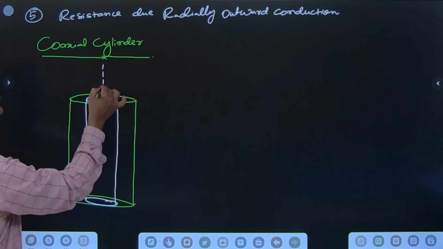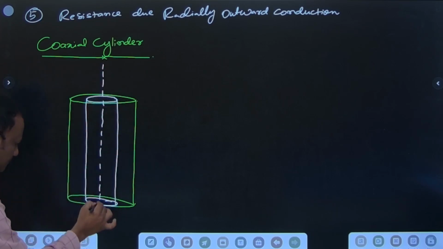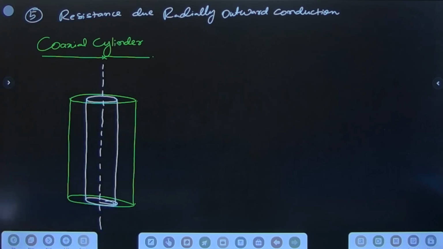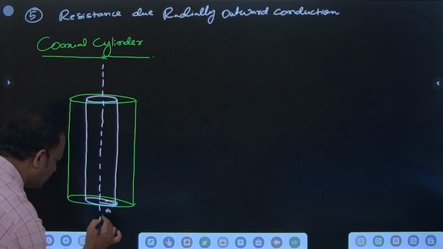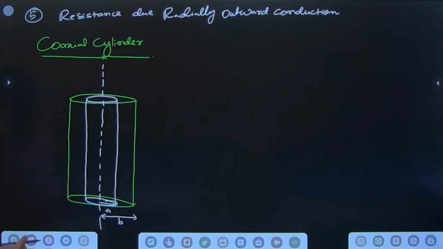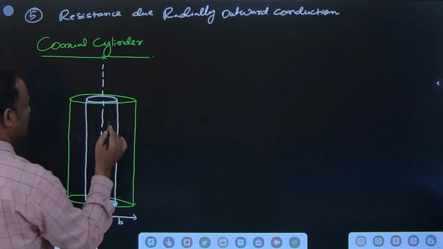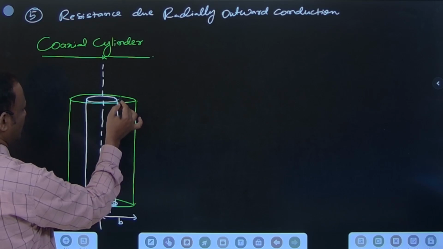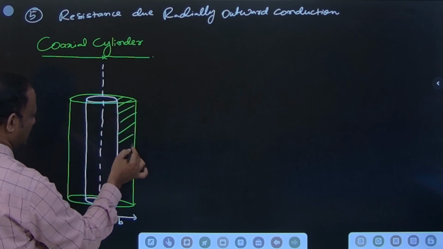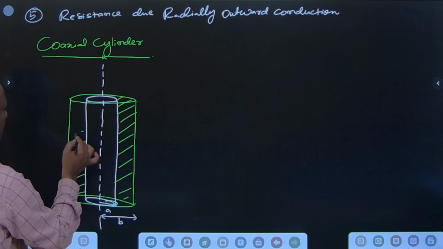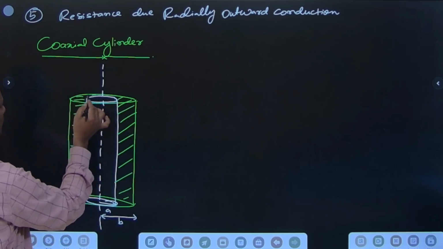This is the axis of the cylinder. The first radius is A, and the next radius is B. The conduction occurs between these two surfaces, from inward to outward.